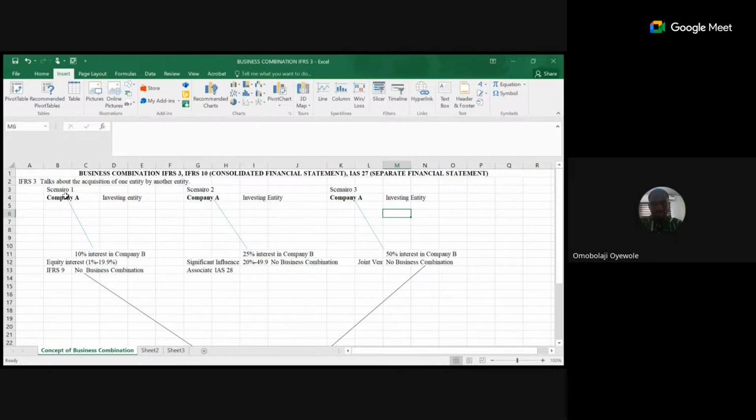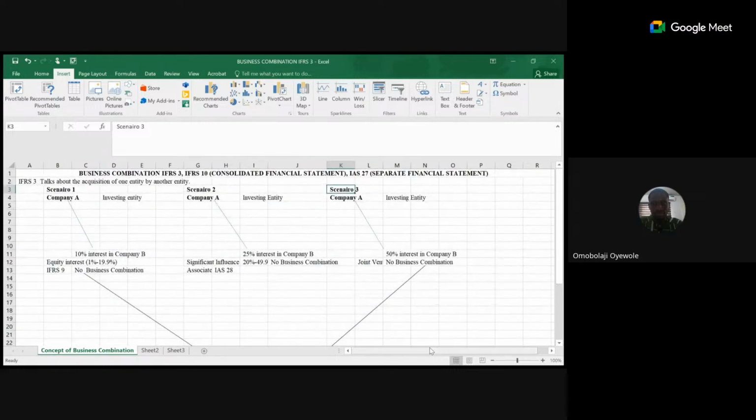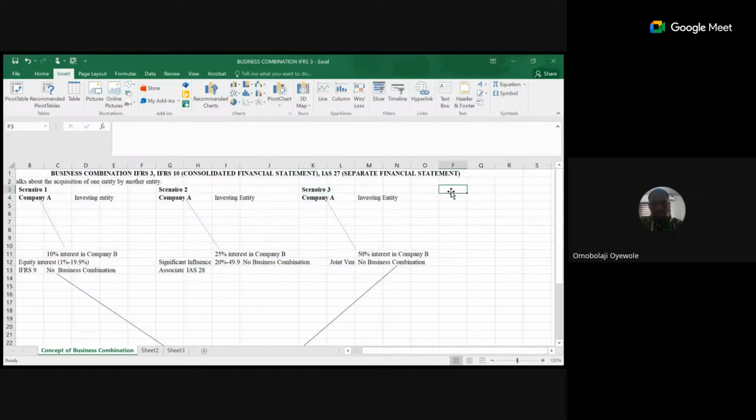So company A does not have control over company B in the first scenario. Company A does not have control over company B in the second scenario. Company A does not have control over company B in the third scenario. So let's now look at the next scenario. Scenario 4.